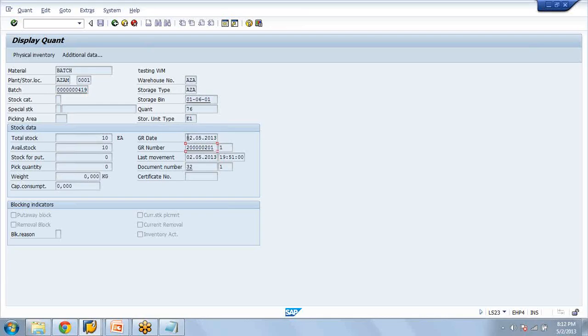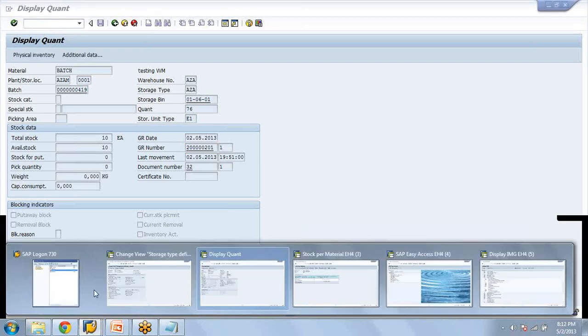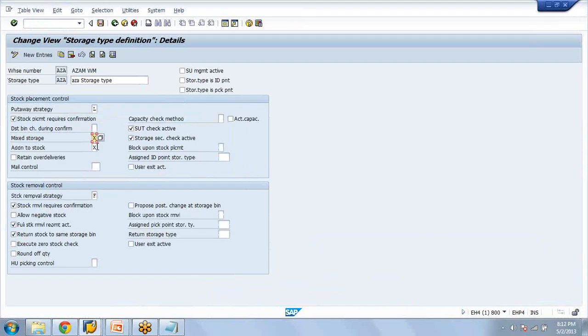Then we will take another purchase order. Should this also come under the same batch management and the same quant or a different one? It should come because I have allowed here addition to existing stock. Since I have allowed this, it should take the same quantity.